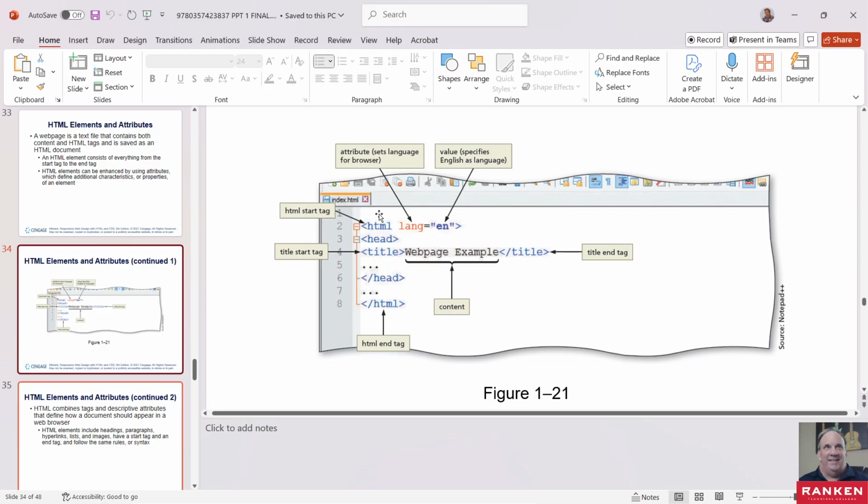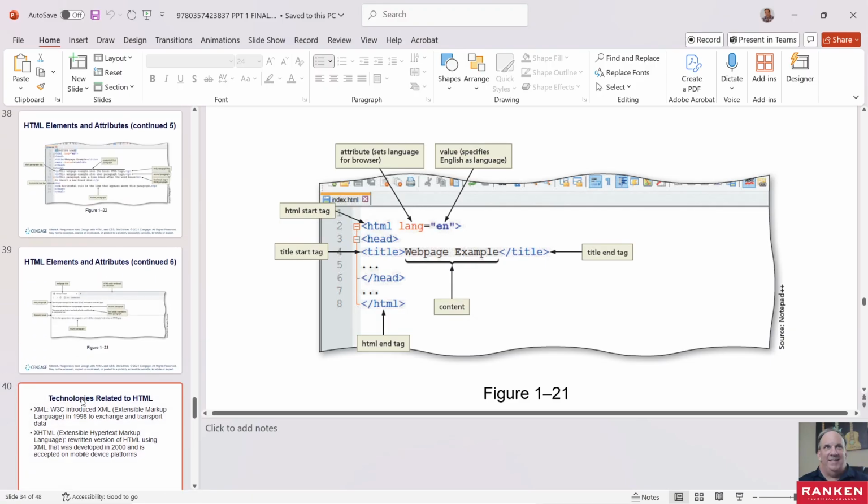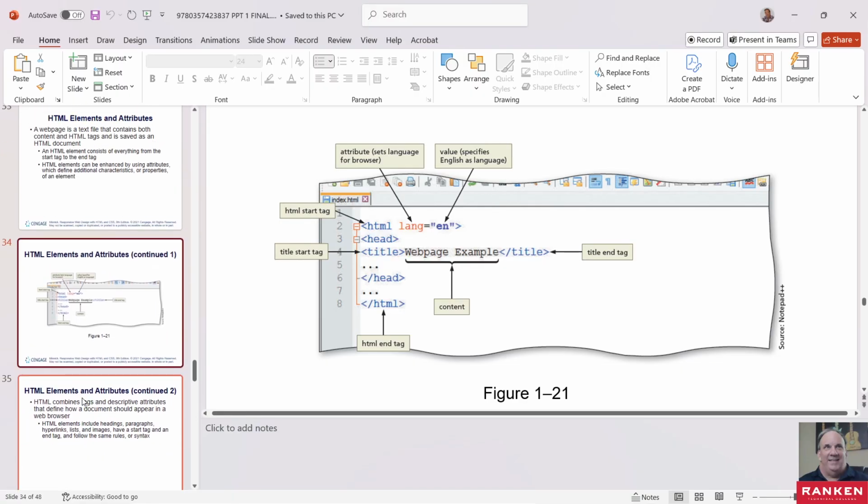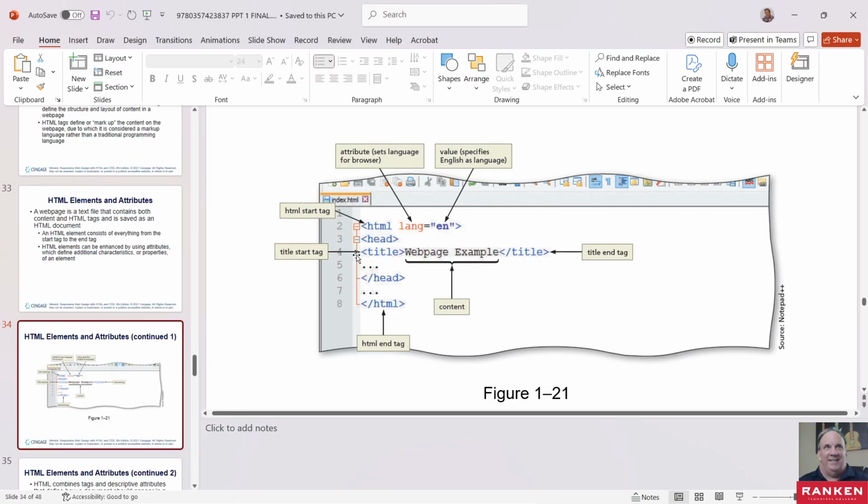There's also a declaration that goes at the top, and I think we will see that here in a little bit. But this is the HTML start tag. It's always going to start with an open bracket. There's your HTML, and then lang, this is an attribute. Okay, and this sets the language of the browser to English, EN for English. Okay.